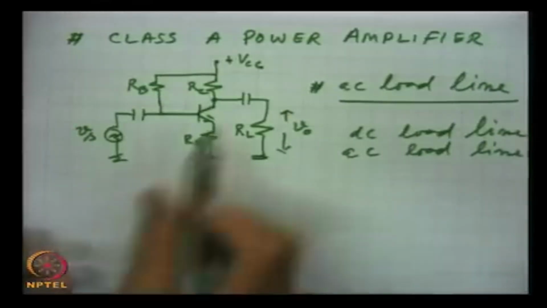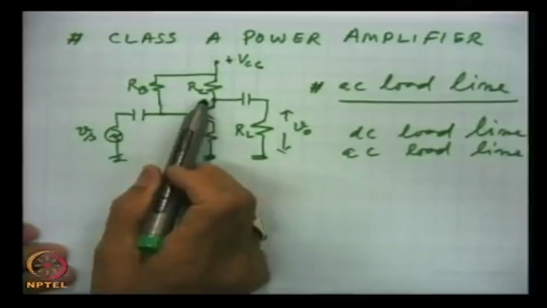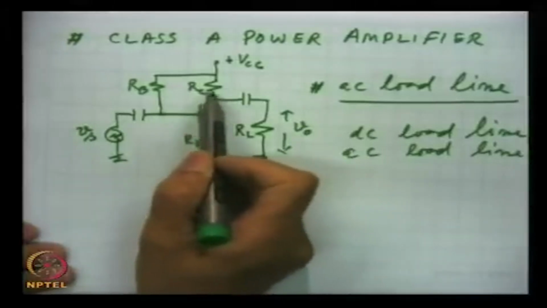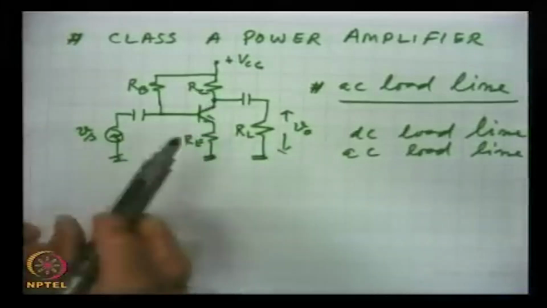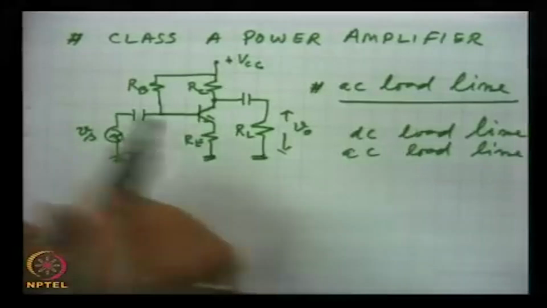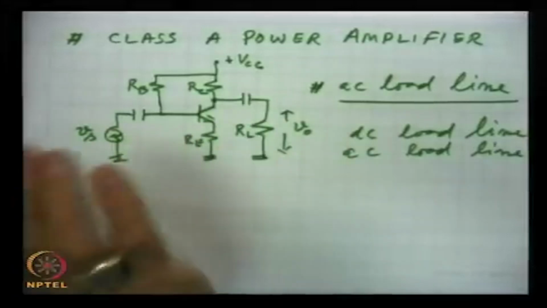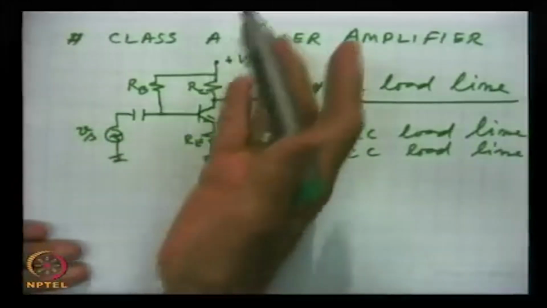Because the collector will see different resistances for DC and for AC. For DC analysis, as we said earlier, this capacitor has to be taken as infinite resistance. So, we remove it.